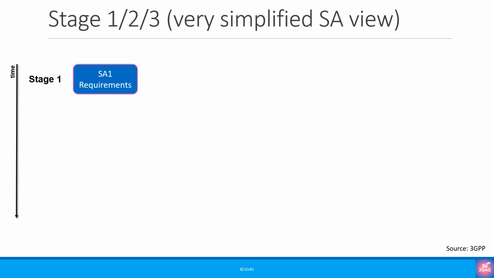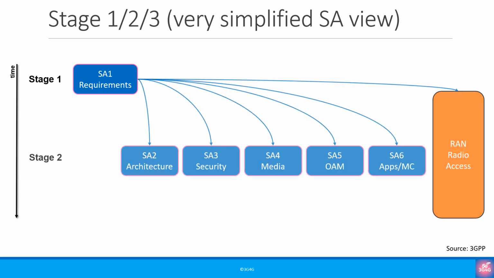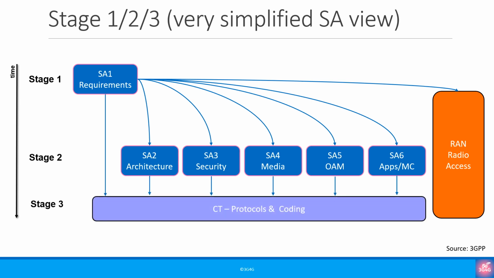Stage 1 is the gathering of requirements by TSG SA WG1, or SA1 for short. Stage 2 is feeding these requirements to different SA groups and RAN. Stage 3 is feeding the requirements as well as all the information from different SA groups to the core network and terminals group for protocols and coding.